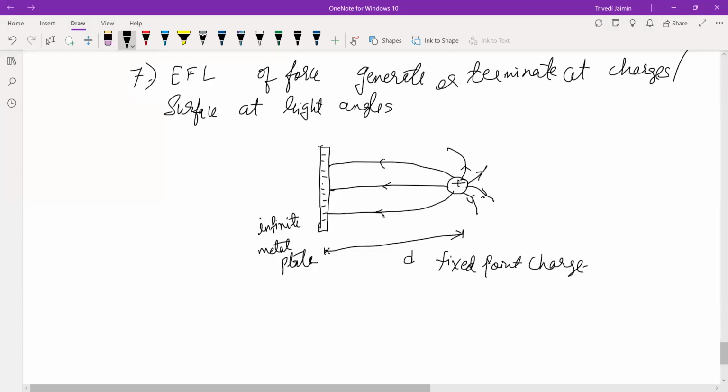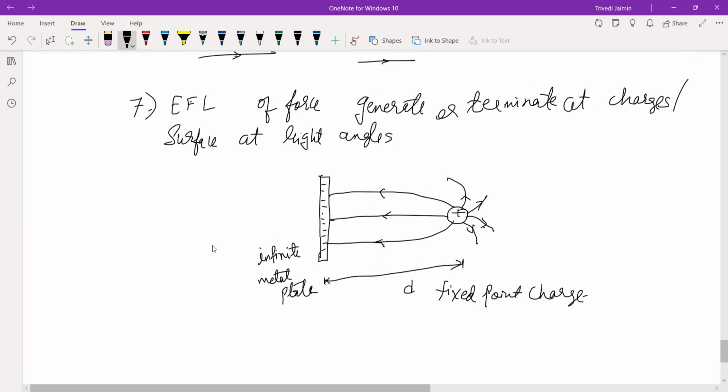My Wi-Fi got disconnected. Okay. I need to make it DND. Okay.